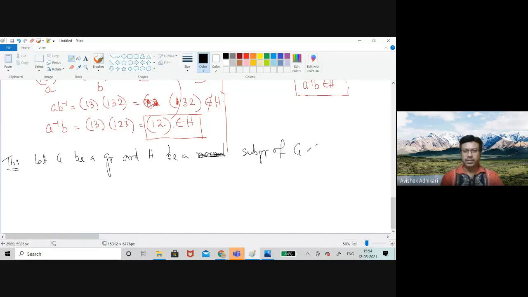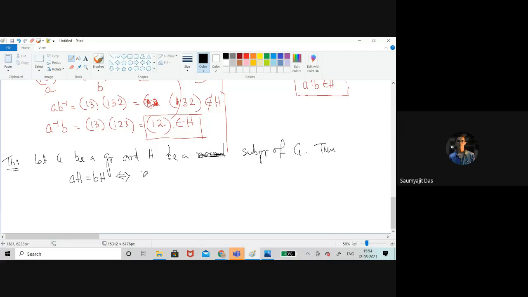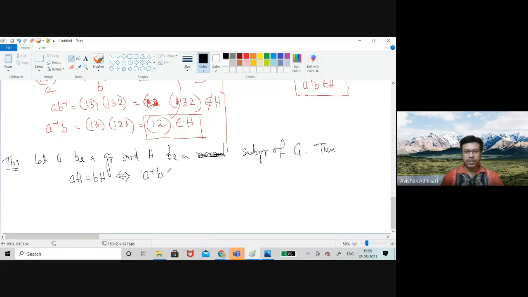Then AH equals BH if and only if, what should I write? It should be A inverse B belongs to H. A inverse B belongs to H.